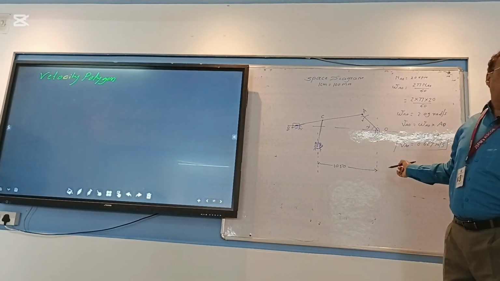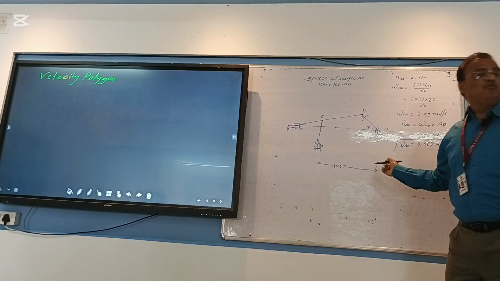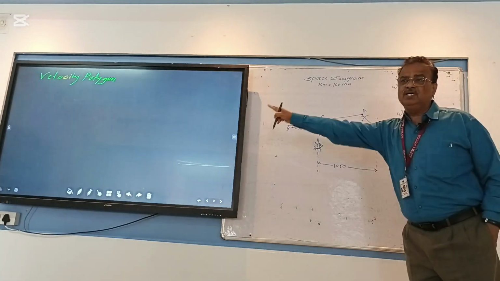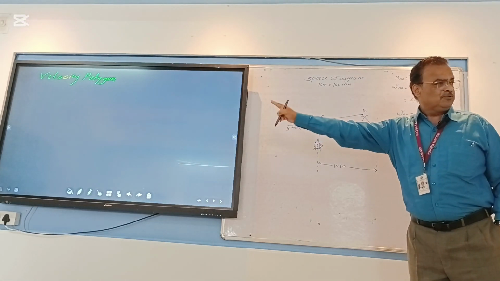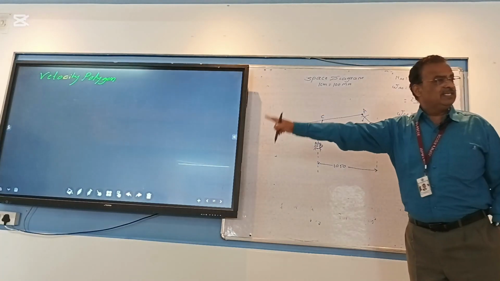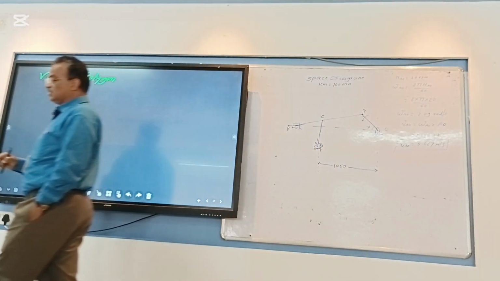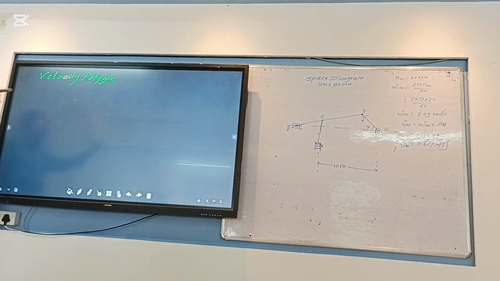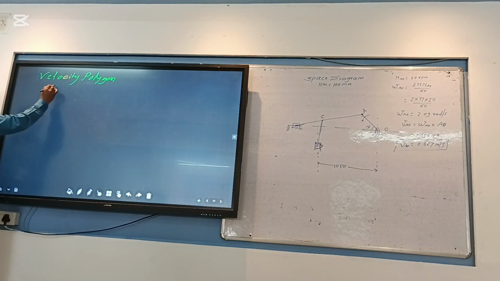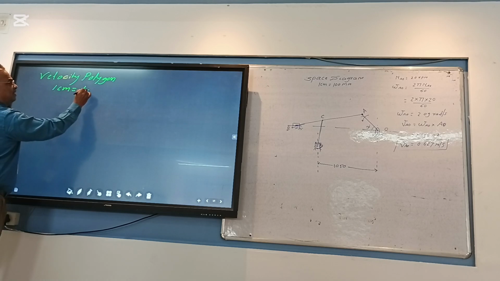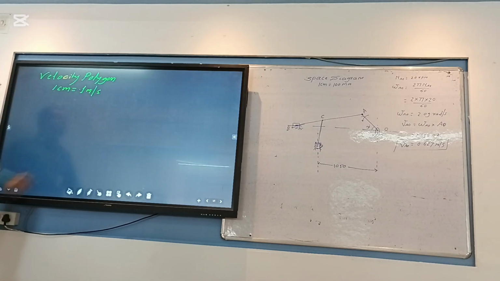I cannot draw the line of meter per second. I have to convert this meter per second into centimeters. That's why I have to assume scale. So what scale you will suggest for this velocity by seeing that value? 1 centimeter equal to how much? 0.1 meter per second. This is my scale for the velocity polygon.